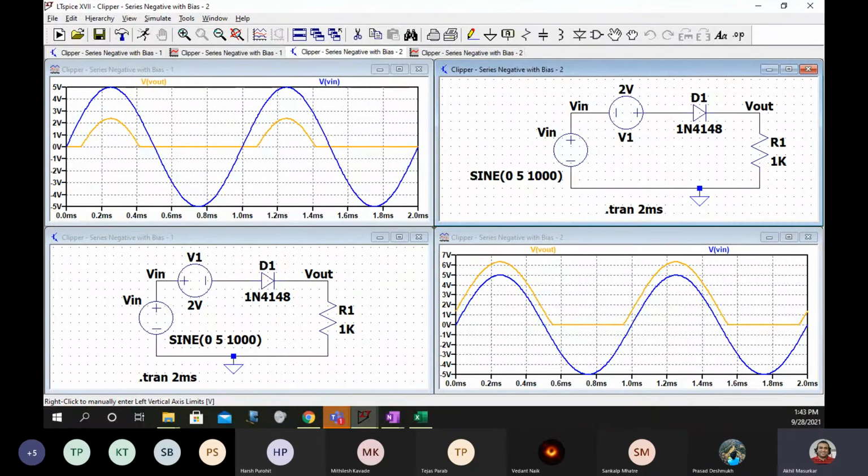If you try to copy now, there is a problem: R1 will become R2, D1 will become D2. Everything gets appended with some other name, so you have to change that again if you copy. Instead, use the File Save As option and add or subtract whatever you like in that circuit.